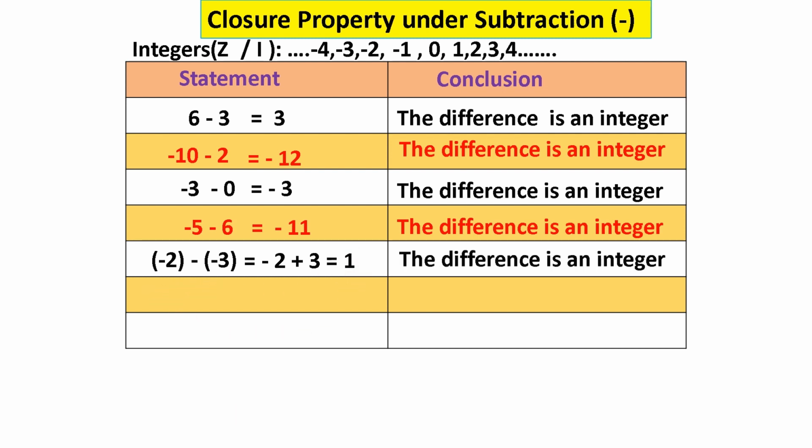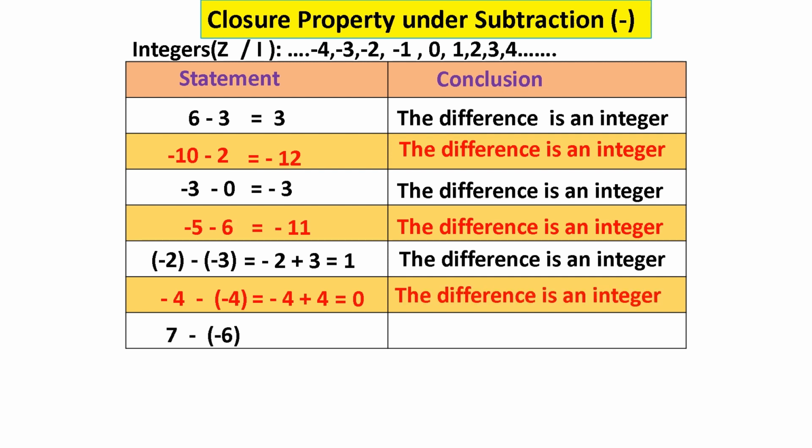Now the difference is an integer. -4 minus (-4), what do we get here? -4 minus of minus, we will get +4. This sum is 0. 0 is also an integer. So the difference is an integer.